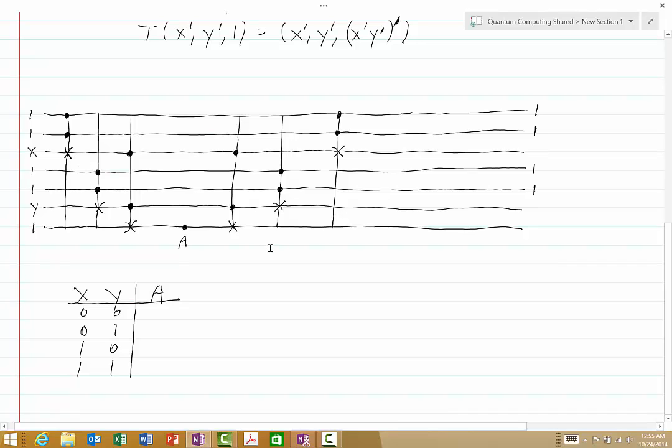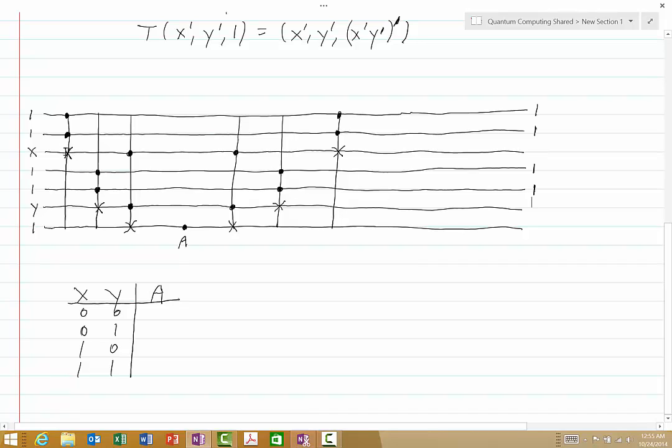So let's now look more carefully and see what will happen. Well, on this third line, since it is being controlled by the first two lines, and both of them have 1s on them, we will definitely have an inversion occurring right here.